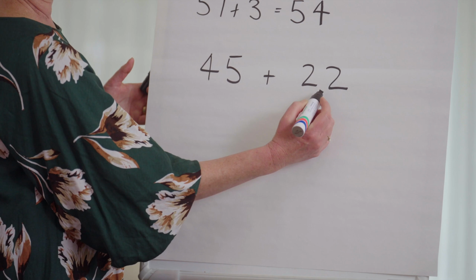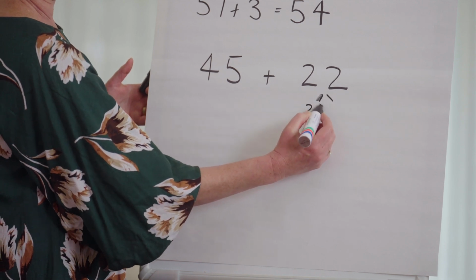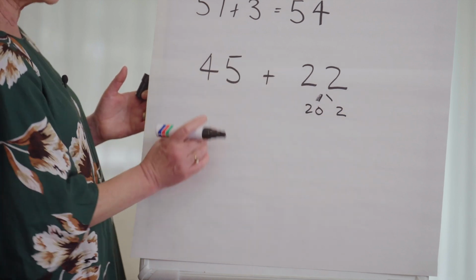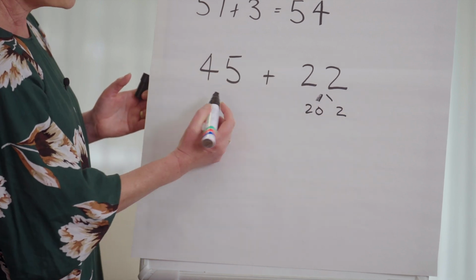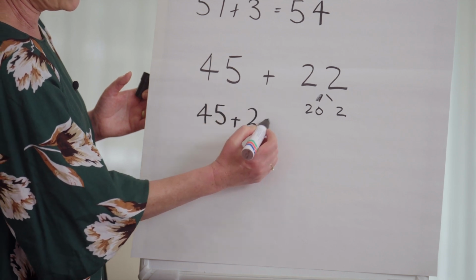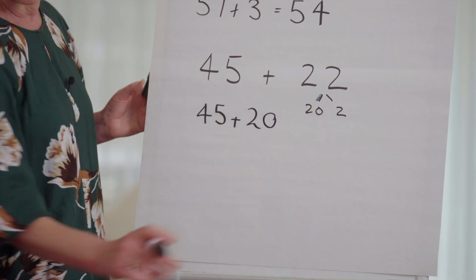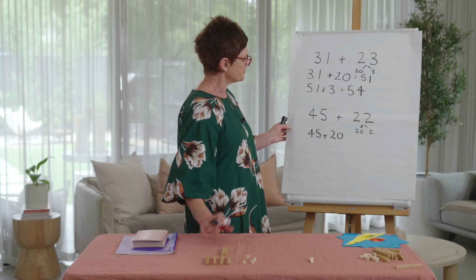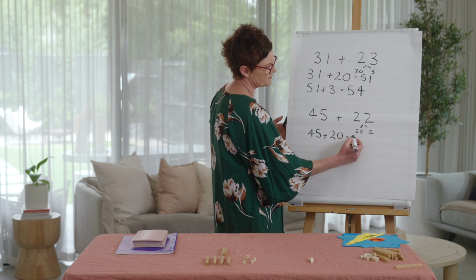I've broken them into 20 and 2 partitioned, and I'm going to bring them over to the bigger number. So I've got 45, and I'm going to add 20 first. I've done that here, so I can see I've got 65.